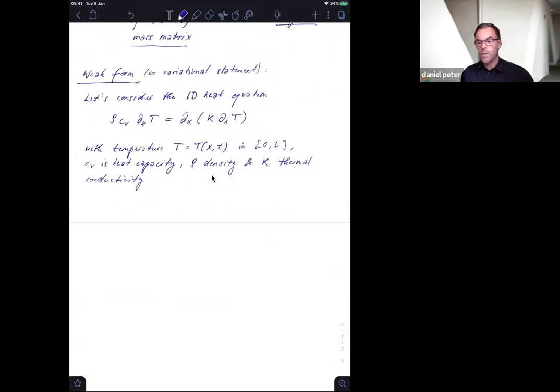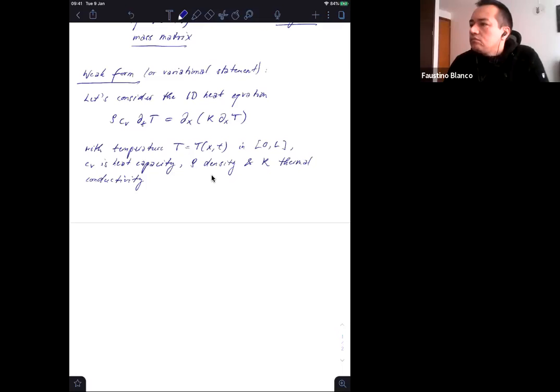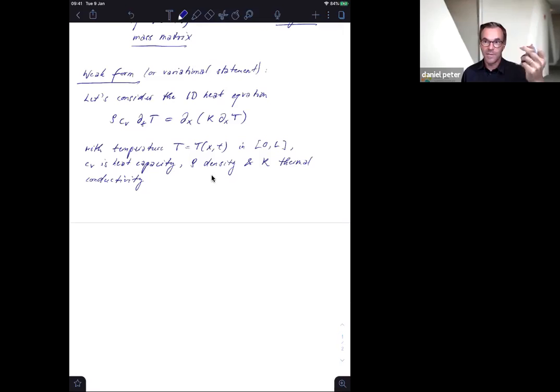Do you still remember how we form the weak form, how we come to the variational statement? So there are two main steps. What would be the first step? Multiply by the function W. A test function, W. Yes, test function.